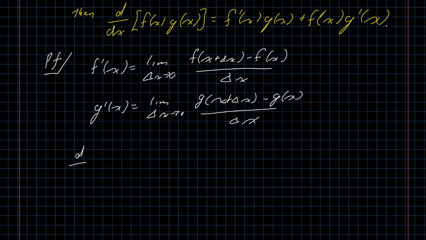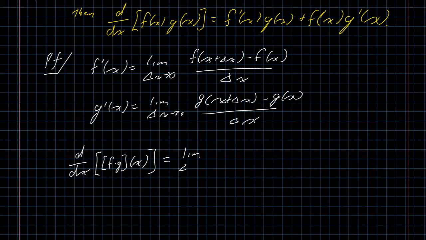And the derivative of f of x times g of x, which I'm going to write as f times g evaluated at x, because I think that seeing that setup will make it a little bit more obvious how this limit is being set up in the first place, and then we'll expand it out in the not too distant future.